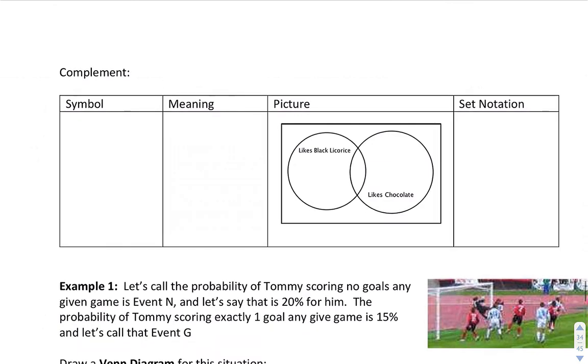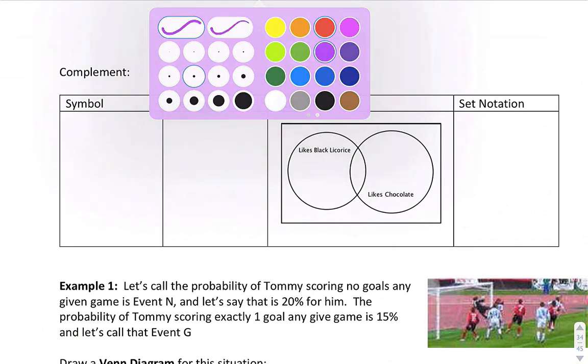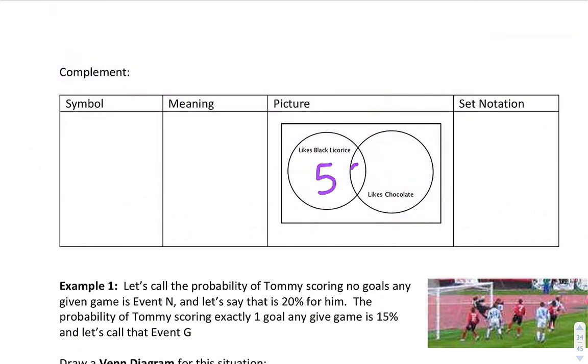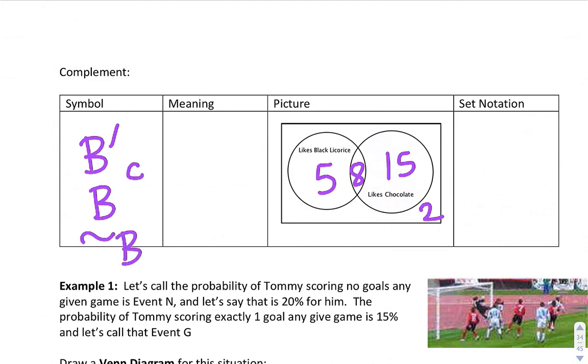And then we looked at complement. Again, we had 5, 8, 15, and 2. There are many symbols for complement. We could have B prime, we could have B with a C, we could have not B, but it means not. How many are not in a certain set?